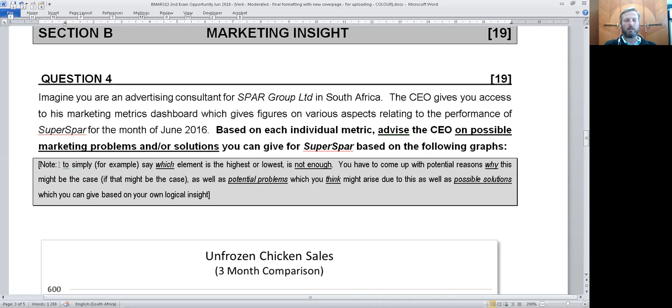And then it's stated again, to simply say which element is the highest or lowest is not enough. You have to come up with potential reasons why this might be the case, as well as the potential problems which you think might arise due to this, as well as possible solutions which you can give based on your own logical insight.